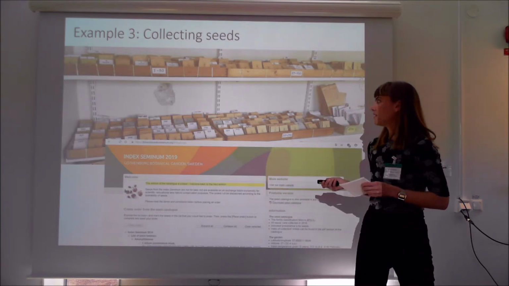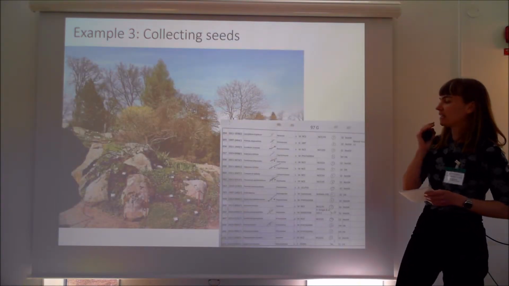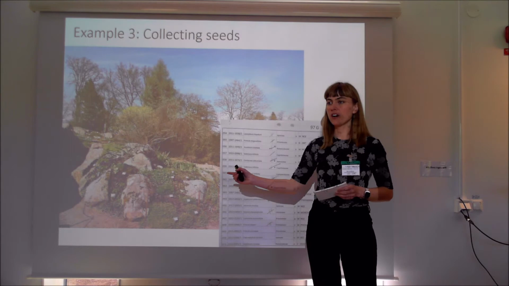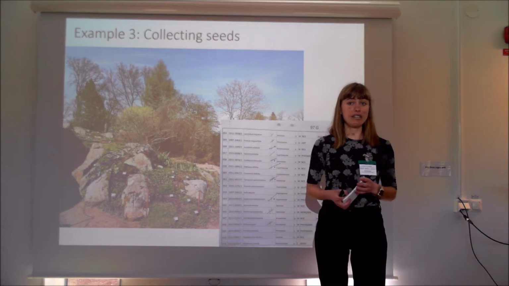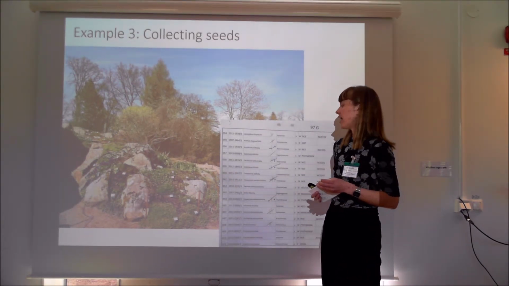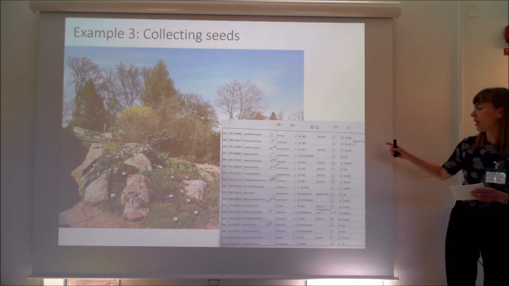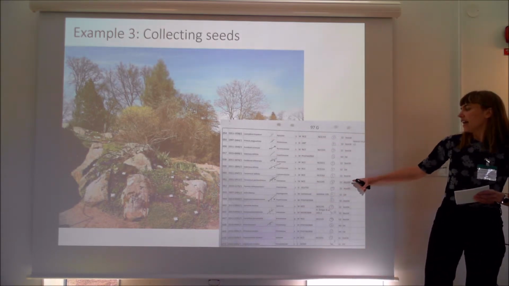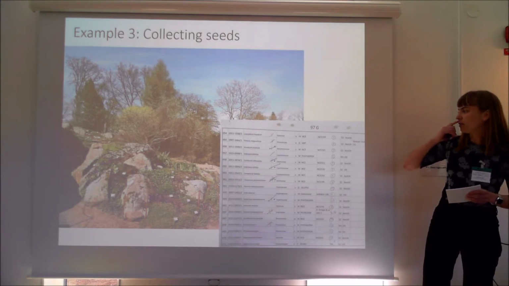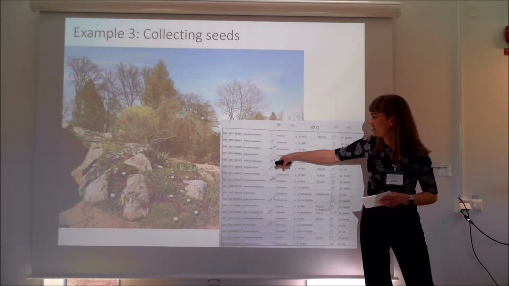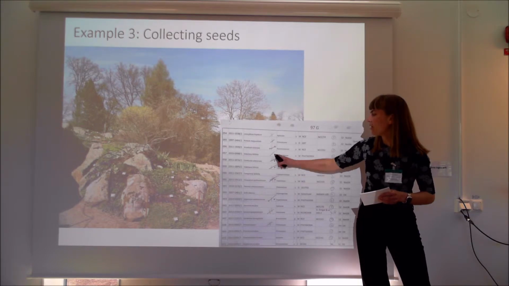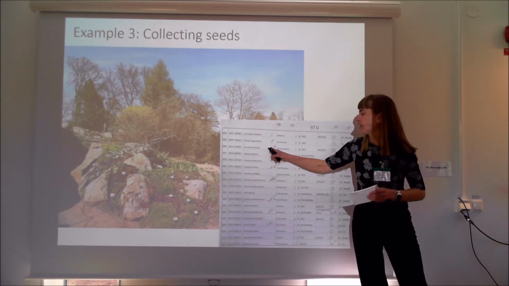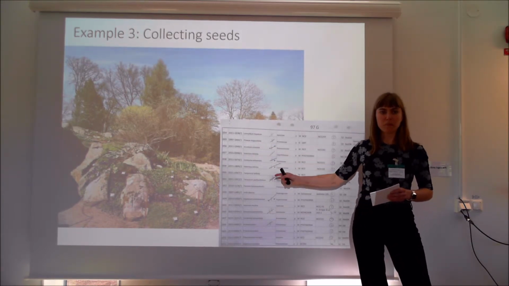And most of the seeds are collected up in the rock garden and also from our bulk collection. And how it's working now is that we have paper inventory lists, and then we mark with small green lines here: okay, this is an accession or an item that we should collect seeds from.